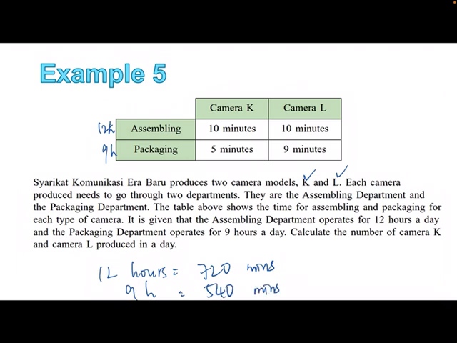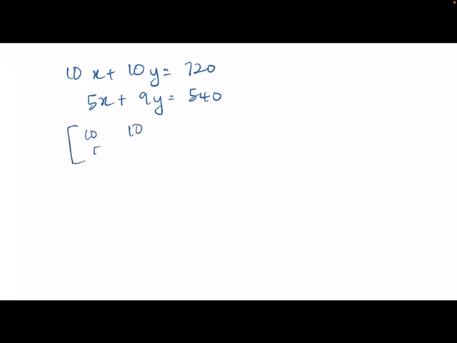So it's 10x plus 10y equals 720, 5x plus 9y equals 540. Then transfer it into matrix form: 10, 10, 5, 9, times x, y equals 720 and 540.